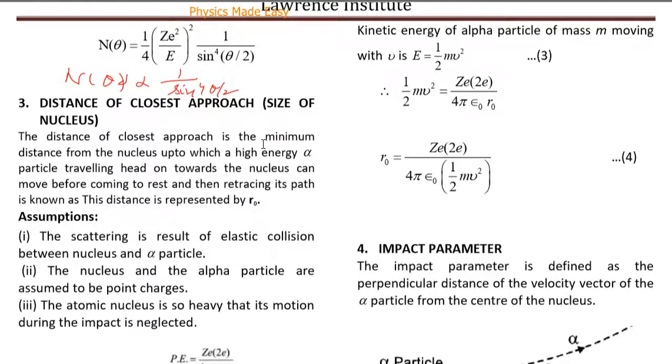The distance of closest approach is the minimum distance from the nucleus up to which a high energy alpha particle traveling head-on towards the nucleus can move before coming to rest and then retracing its path.